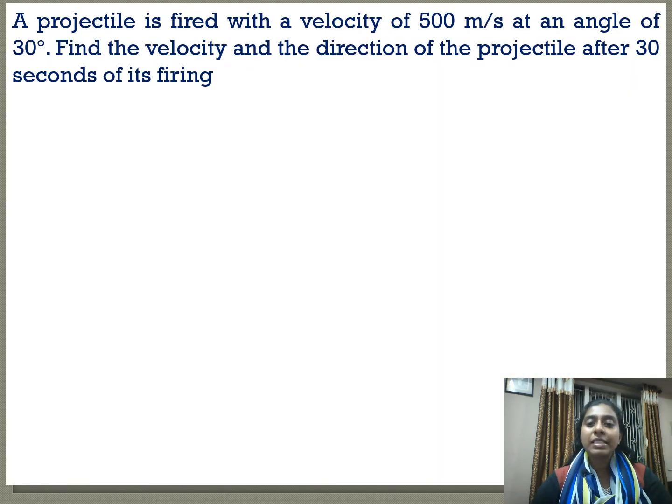The problem is: a projectile is fired with a velocity of 500 meter per second at an angle of 30 degrees. Find the velocity and the direction of the projectile after 30 seconds of its firing.